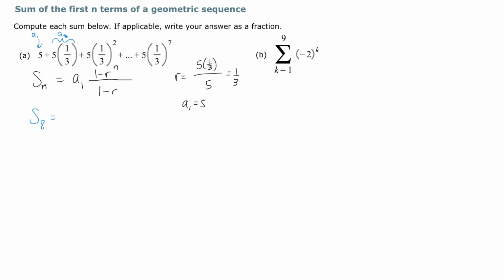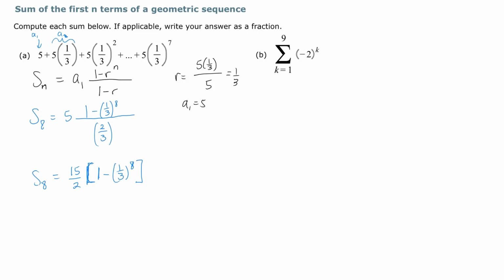All right, a sub 1 is 5. And then 1 minus 1/3 raised to the 8. And 1 minus 1/3 here is 2/3. So s sub 8 is equal to, let's see here, 15 halves times, let's use a bracket, 1 minus 1/3 raised to the 8th.